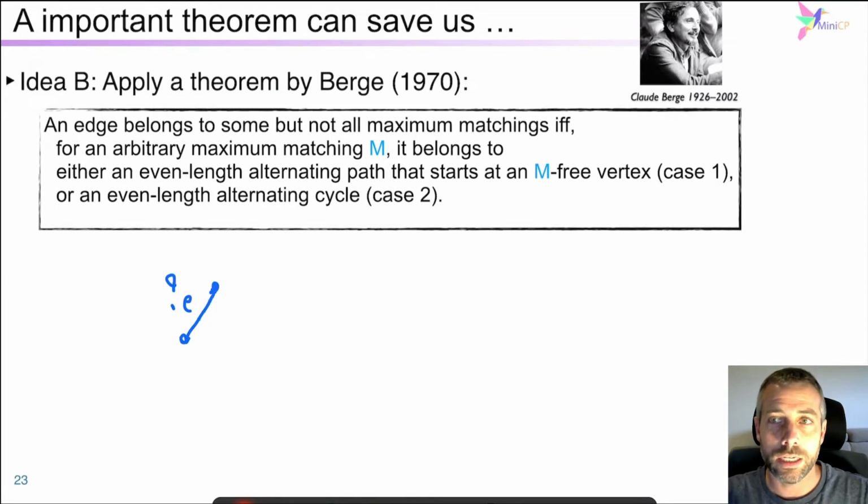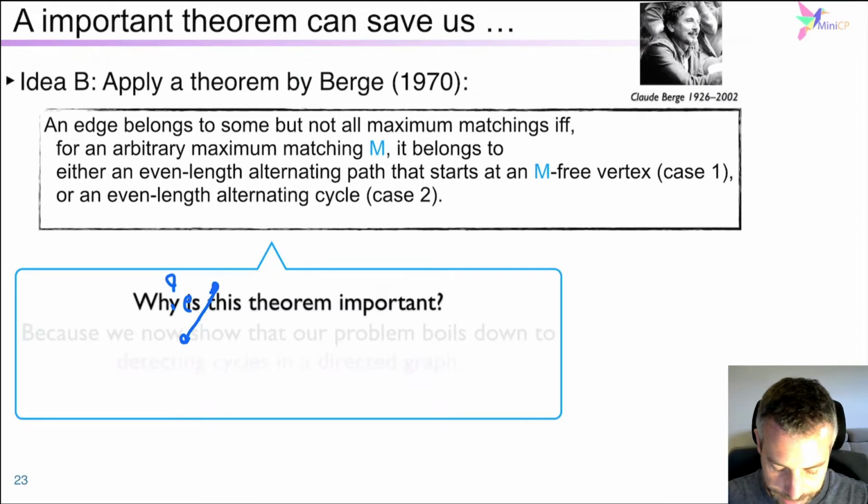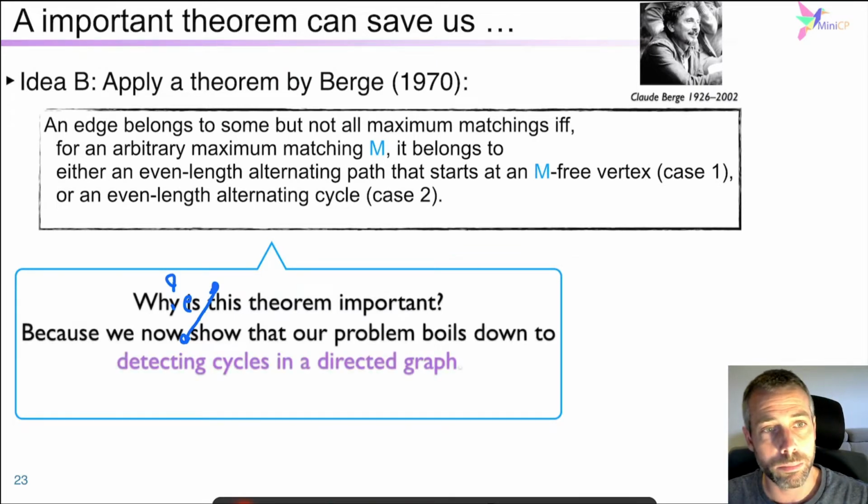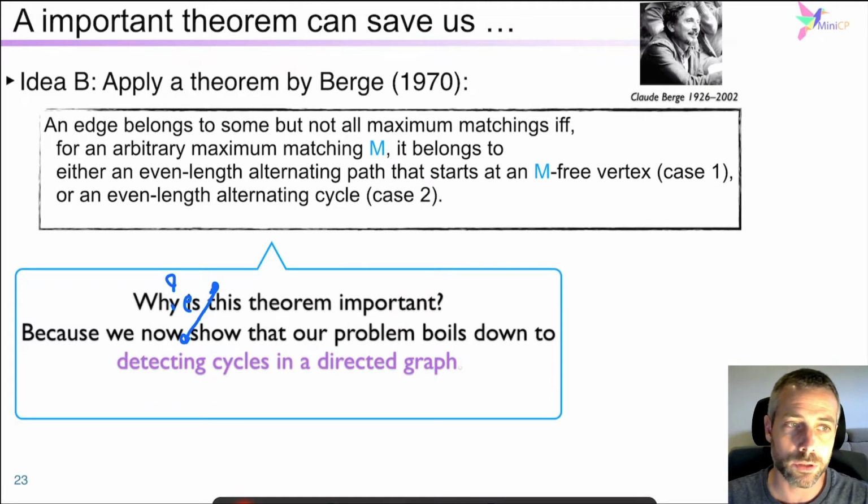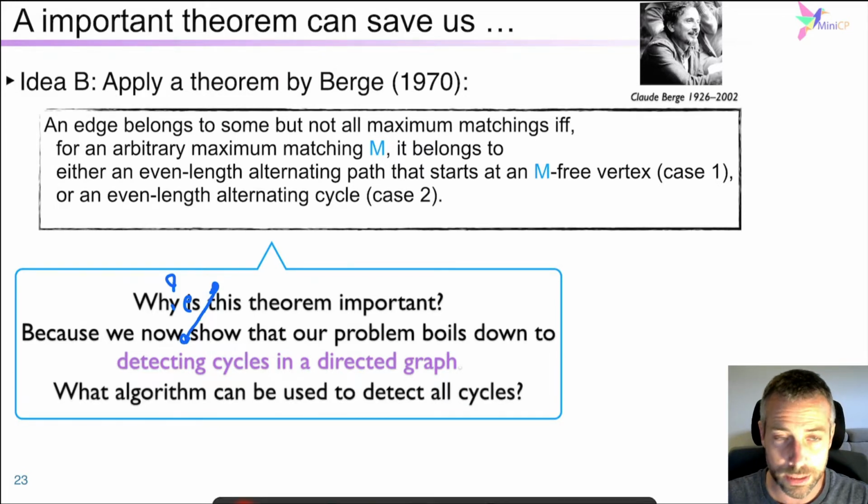It will become a little bit clearer when I introduce the visual examples. But this theorem is very important because basically it boils down, in terms of filtering algorithm, to detecting cycles in a directed graph. This is what we will see now. But that's already the main idea.